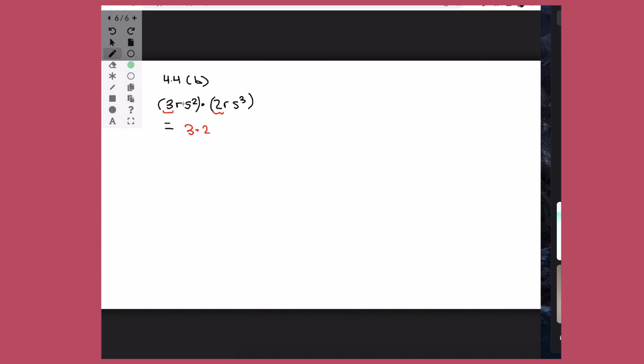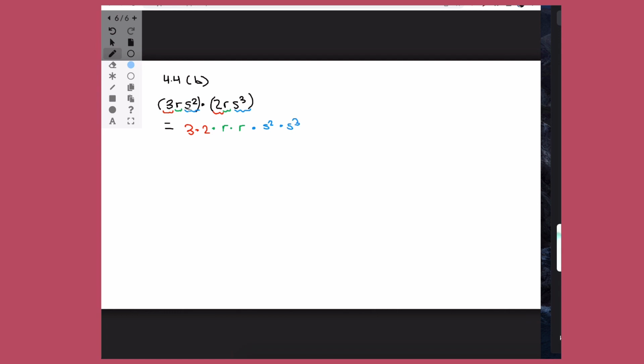And then we notice we have an r here and an r here. So we have r times r. And then lastly we have an s squared here and s cubed here. S squared and s cubed.